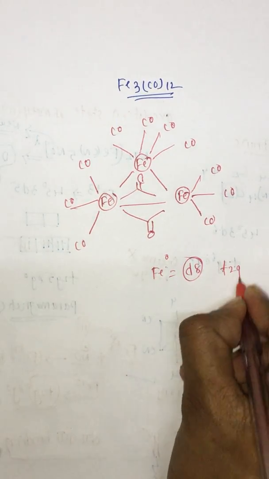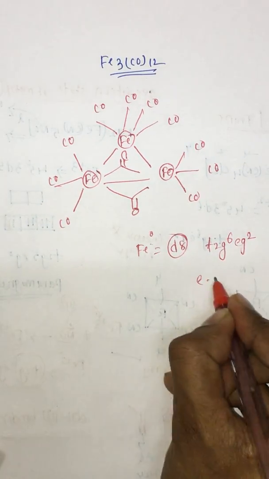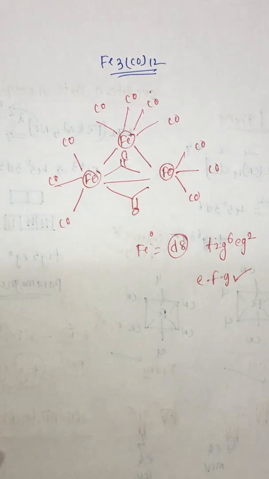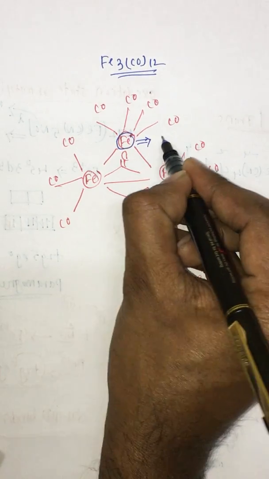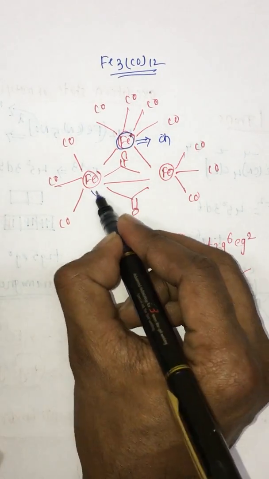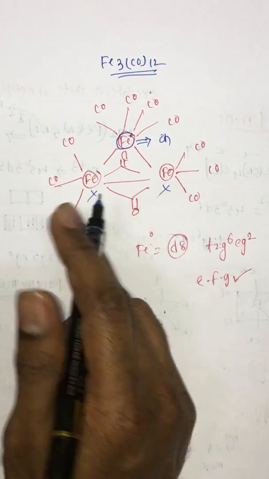That means t2g6 and eg2. So the electric field gradient is symmetric. But if you see the geometry, this one is almost octahedral, but these two are not in an octahedral geometry. They are more unsymmetric in nature.